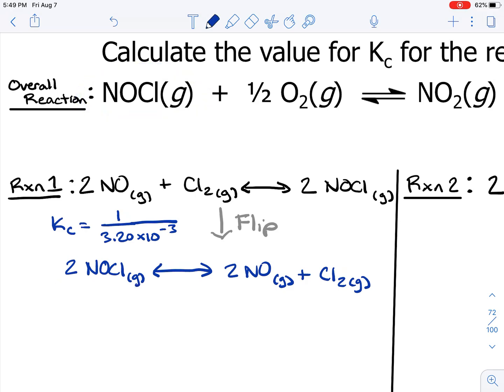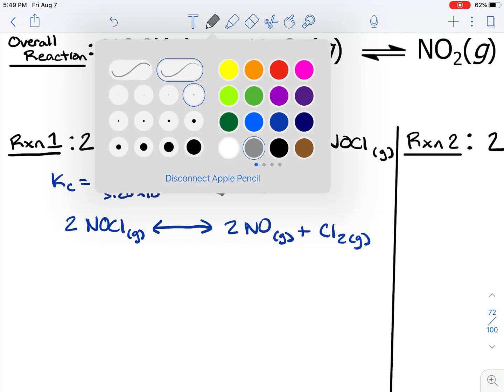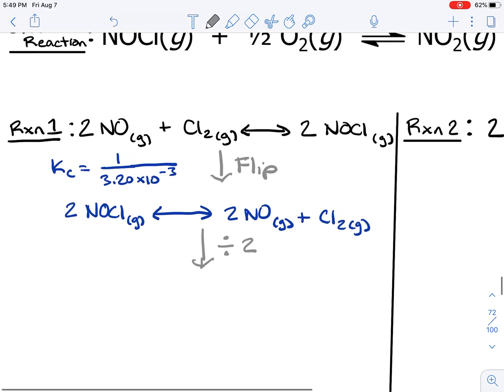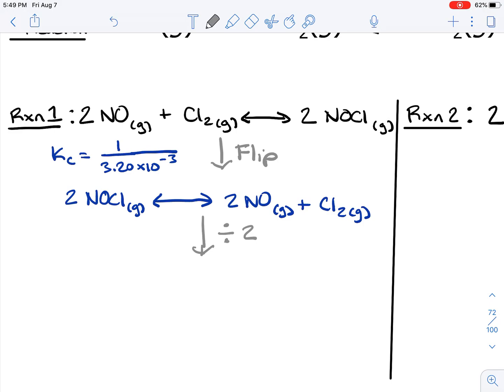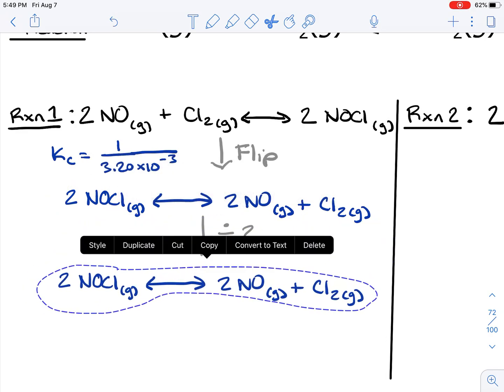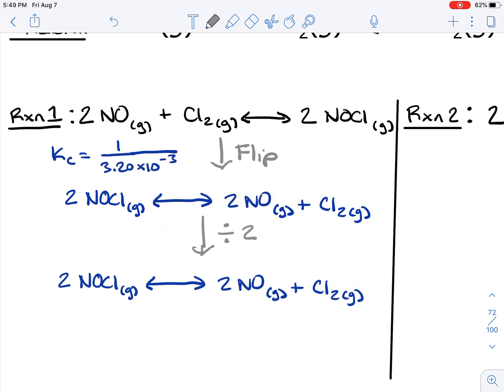And so that's going to prompt us to do another manipulation, such that we're going to divide the entire chemical equation by 2. And so for the sake of time, I'm just going to go ahead and duplicate this. And then I'm going to divide this by 2, divide this by 2, divide this by 2.